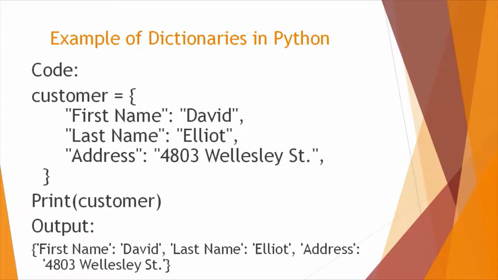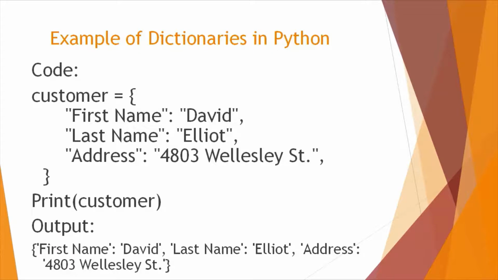So here's the example code of dictionaries in Python. I have declared the dictionary as customer. The dictionary name is customer equals, brackets open. The item key here is first name, colon, David is the item value. Then comma, last name is the item key, colon, Elliot is the item value, comma, address, colon, 4803 Wellesley Street. I'm sorry if I pronounce it wrong.